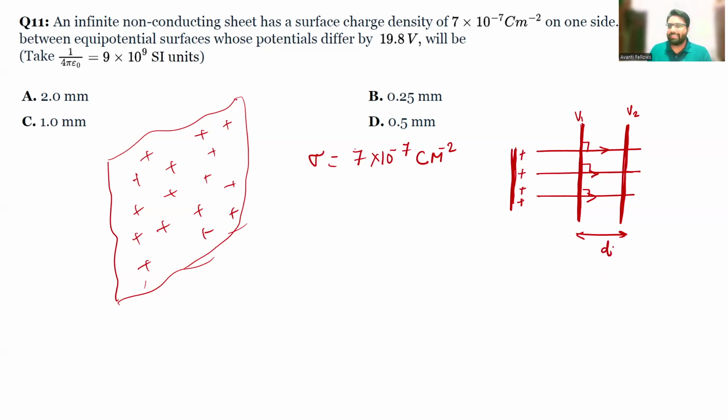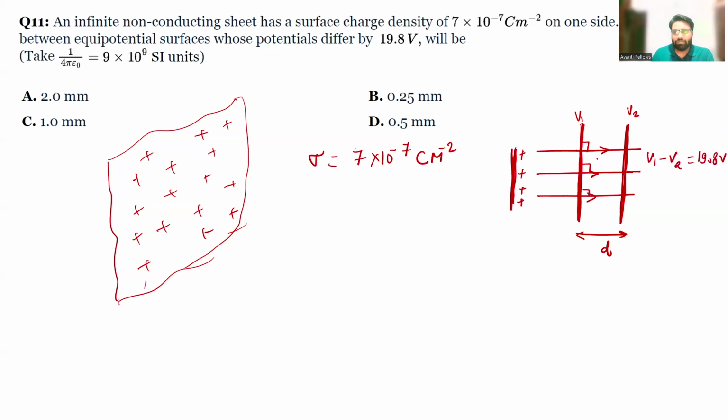So let's say D is the separation in between them. The potential difference between these plates, let's say V2 minus V1, is given as 19.8. Actually, I have to write V1 minus V2, because as you move in the direction of electric field, the potential will decrease. Okay. So I will correct it: V1 minus V2 is 19.8 volt.